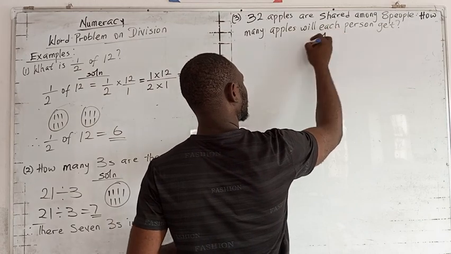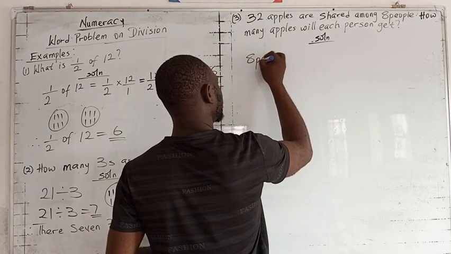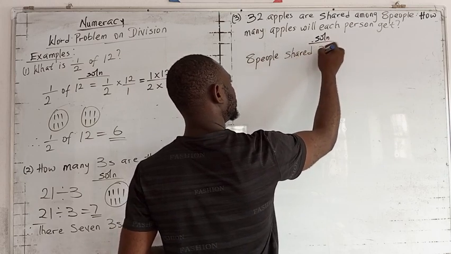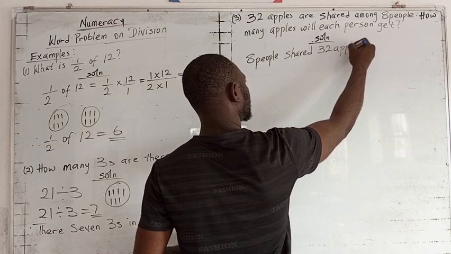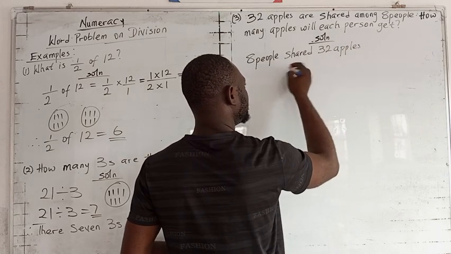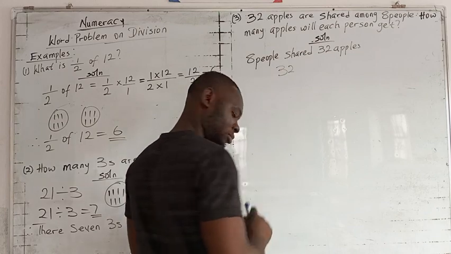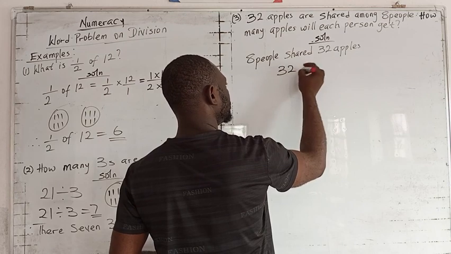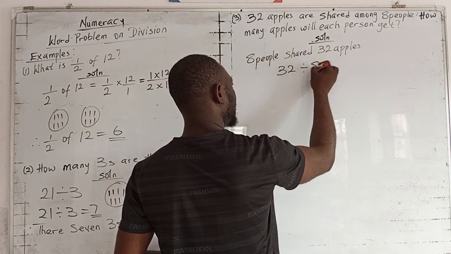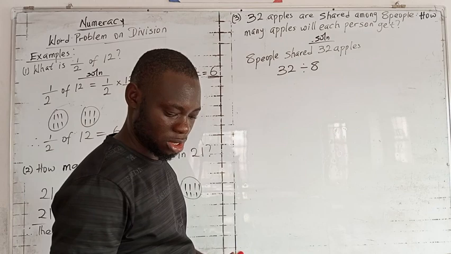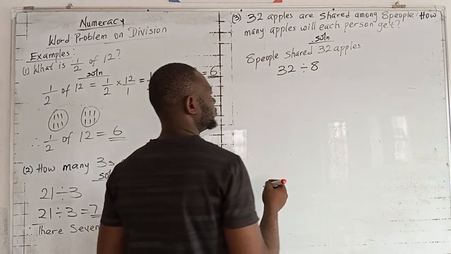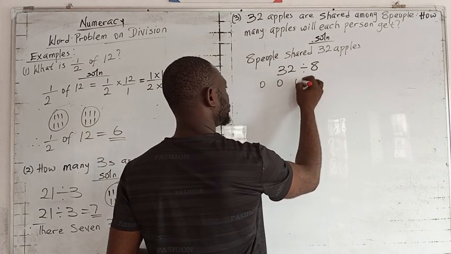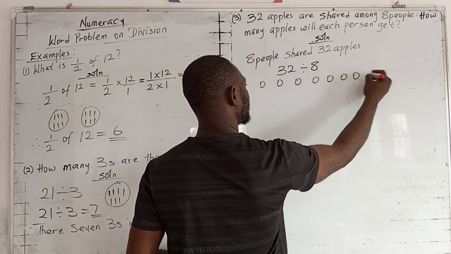Solution. It says 8 people shared 32 apples. And what does this mean? This means 32 apples divided by 8 persons. So let's use 1, 2, 3, 4, 5, 6, 7, 8.